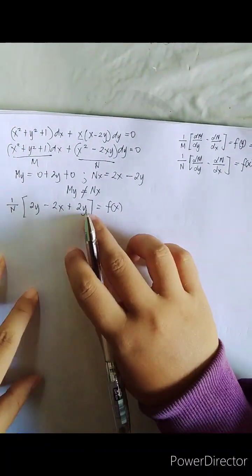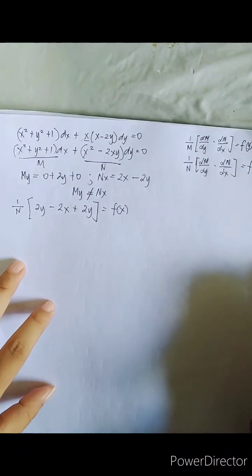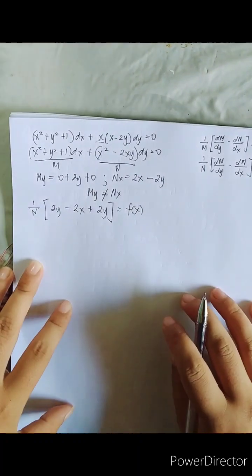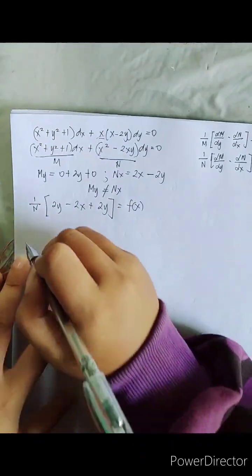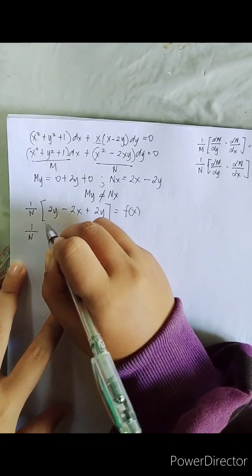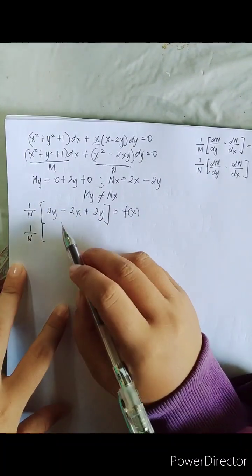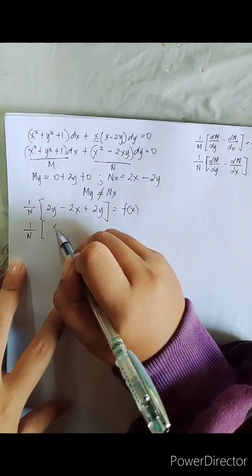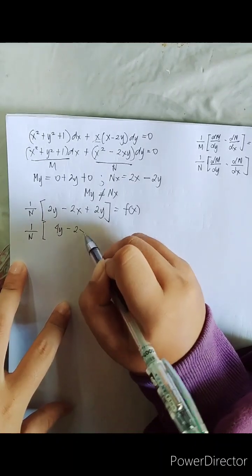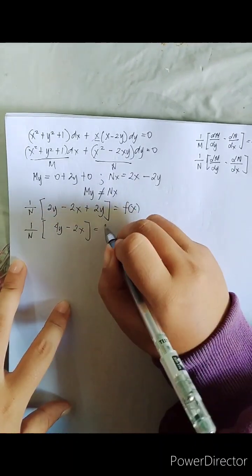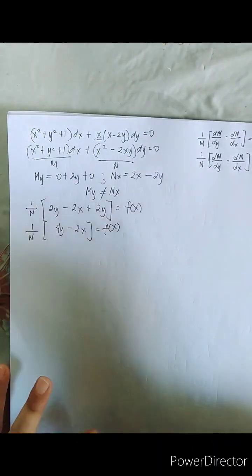You can use trial and error here to find the f of x. 1 over N, 2y plus 2y will be 4y minus 2x is equal to f of x.